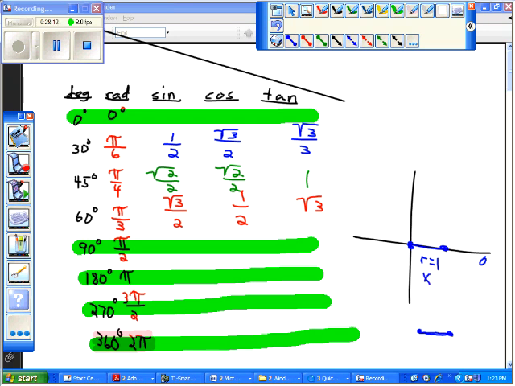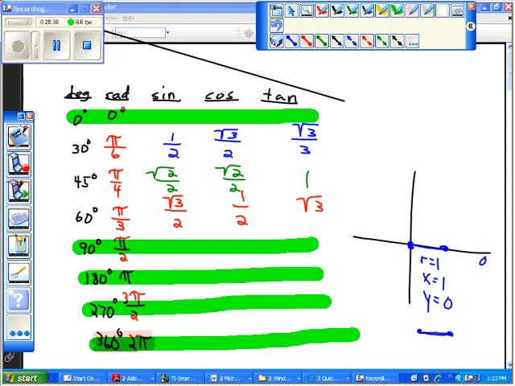What is the length of X? 1. You went to the right one. The radius and the X are the same. They're both 1. What is Y? How much did you go up or down? None.